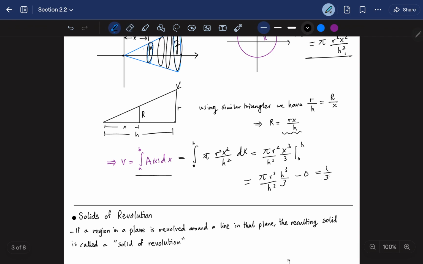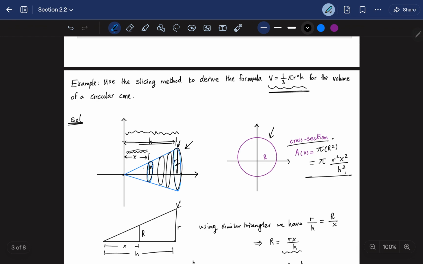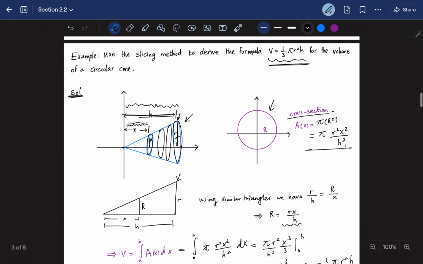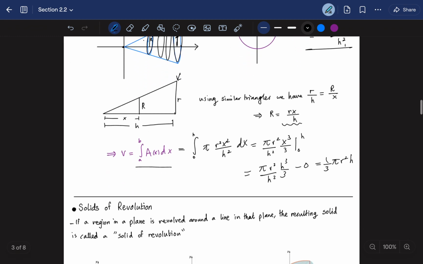And once you simplify, you're going to get the formula of the volume of a circular cone. That's it. So it's all about graphing, finding the cross-section, finding the area, and just finding the volume directly using the definite integral. Okay, so this is for the slicing method in general.